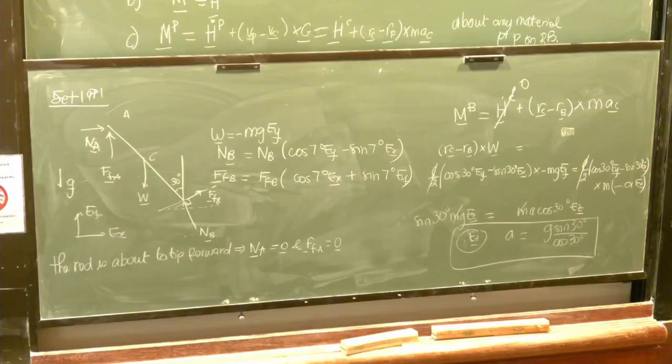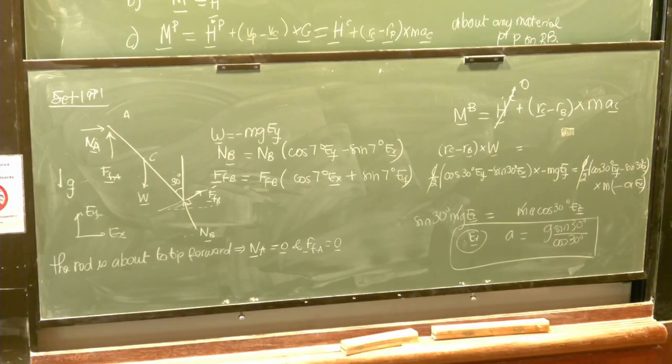Why? Because what is the angular velocity omega for the rigid body? 0. Why? It's not moving, not rotating, right?